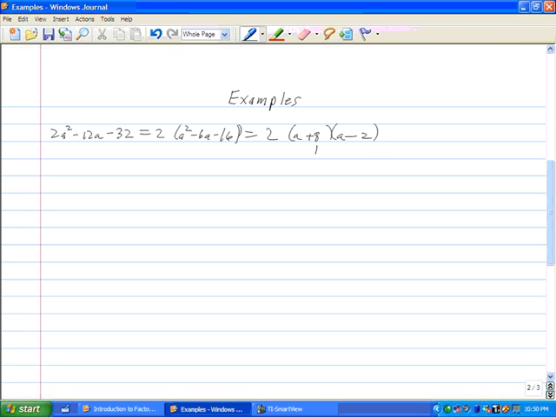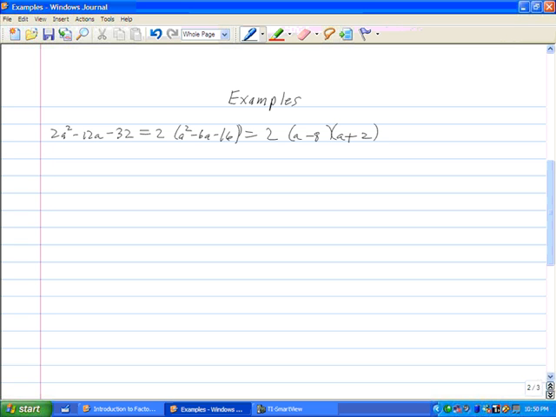Let's see what happens. Here I've got an 8a. Here I've got a negative 2a. That gives me a positive 6a. Is that what we needed? No. But it's really close. How close? I think that the only thing I'm going to have to change is the signs.